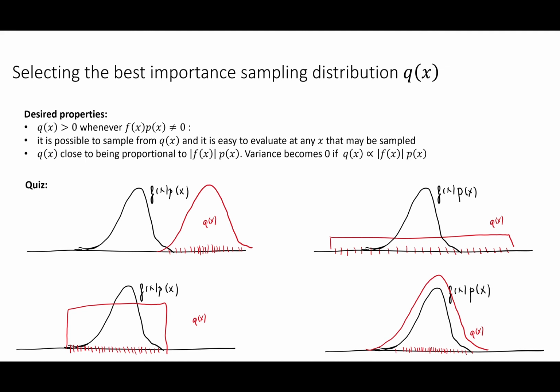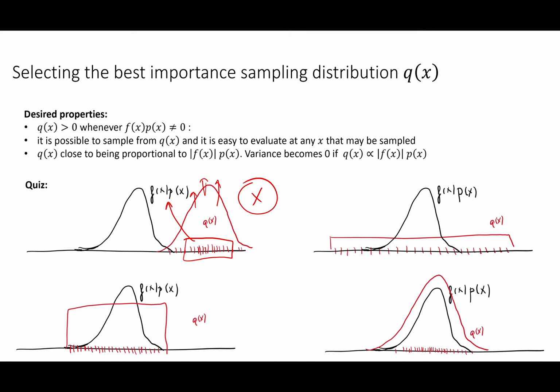If we go one by one, so the first one is definitely not the one. We are sampling a lot in this region, right? It's a high probability here, and unfortunately, most or all of these samples, if we plug them into this formula, will be 0, because we can see that the black line is terminating on the left tail of the Q function, and then 0.